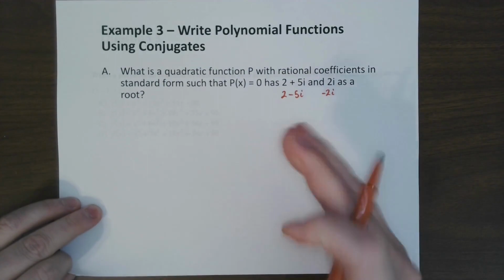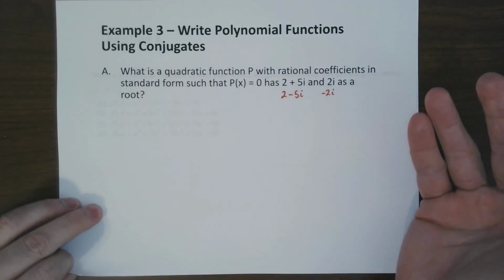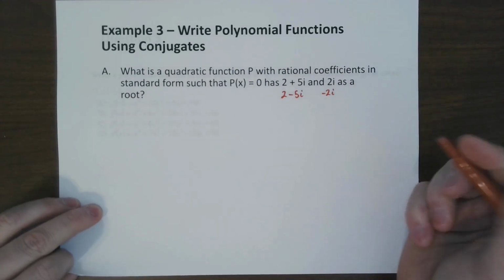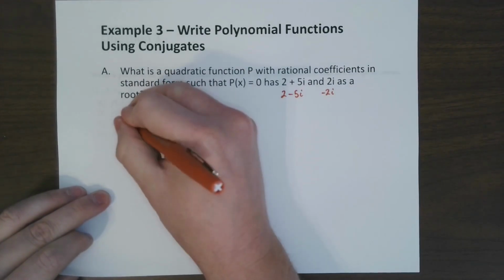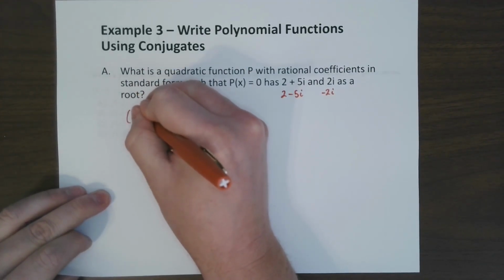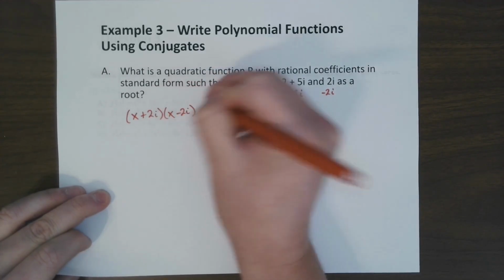This is another one where, if you know your shortcuts, it saves you a lot of time, which I will demonstrate right now. So first things first, I'm going to go ahead and write the 2i. So I'm going to write that as x plus 2i, x minus 2i.